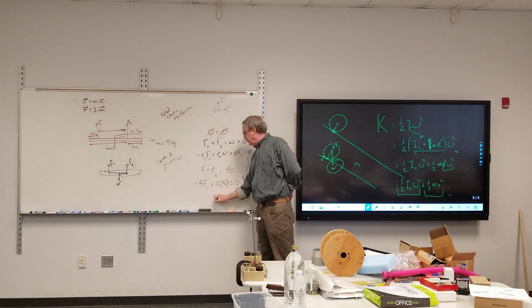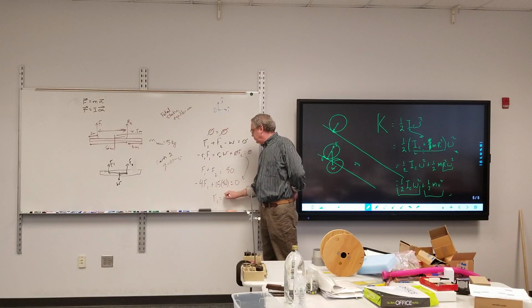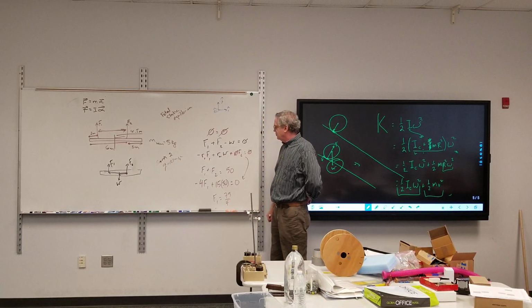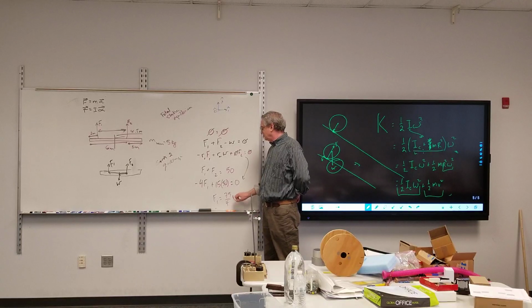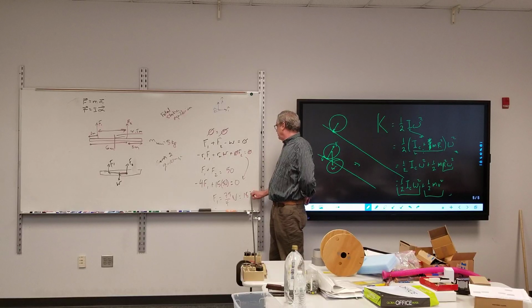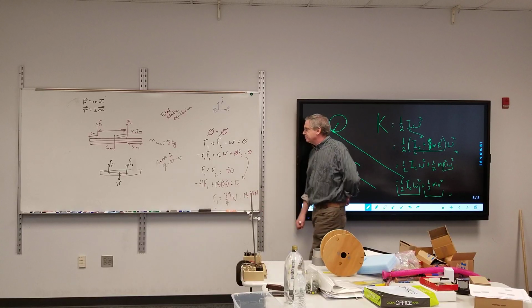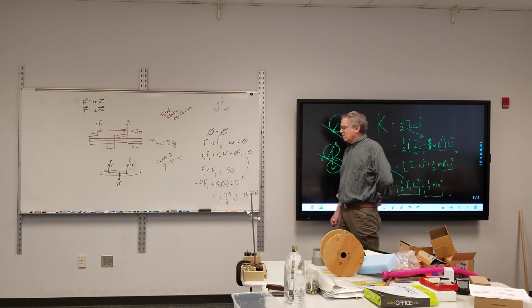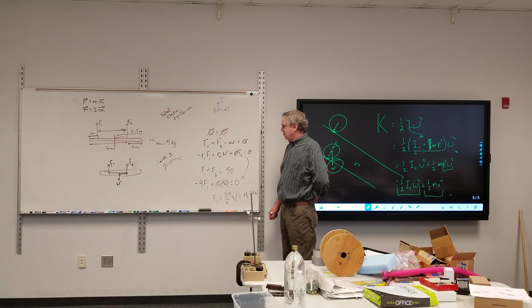And so F1 is equal to 75 fourths, which is 18.75. Wouldn't it be negative somewhere? The force should be positive. Never mind.